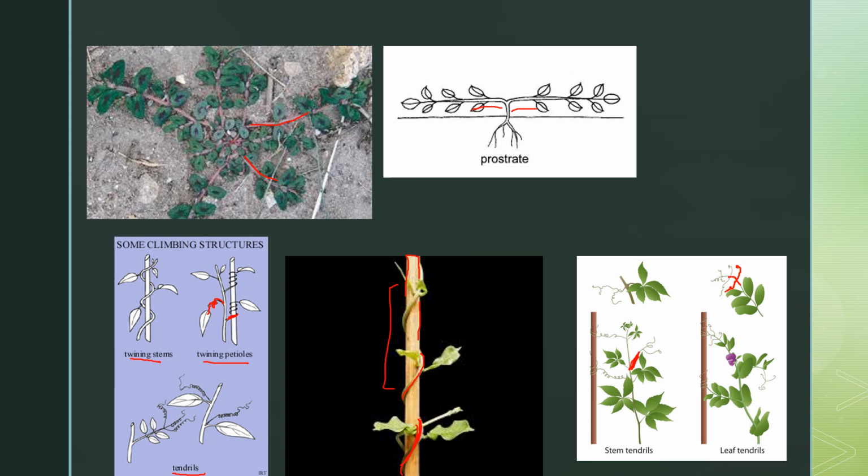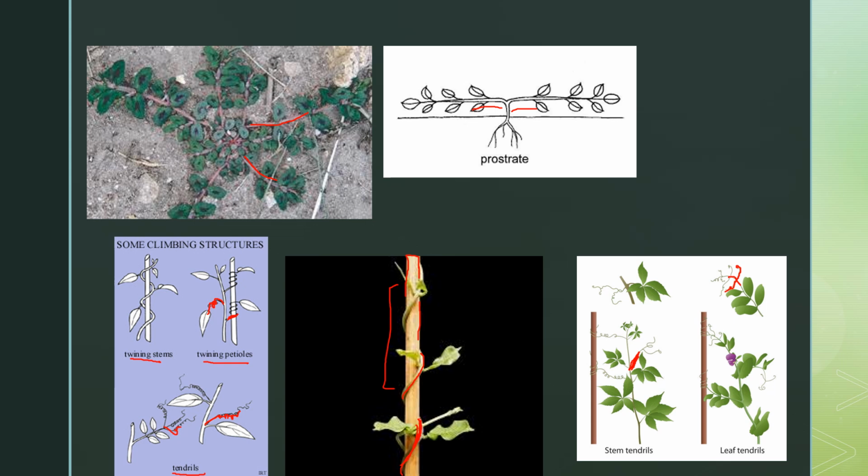Here on the left-hand side of this picture, this is a stem tendril, and this is a leaf tendril. So how do we differentiate between them?